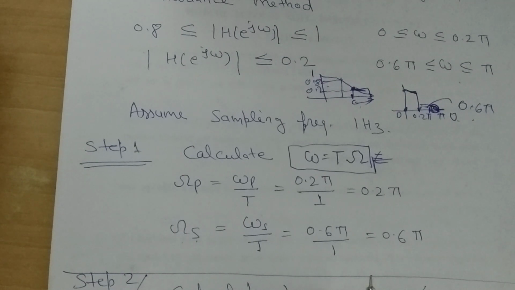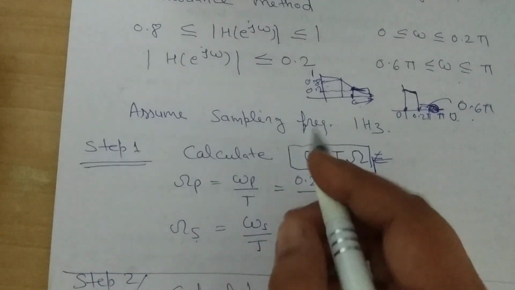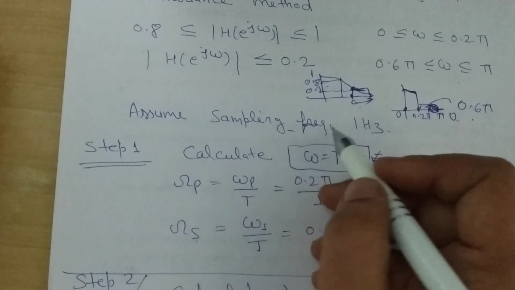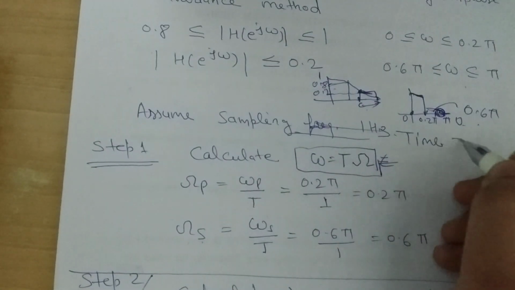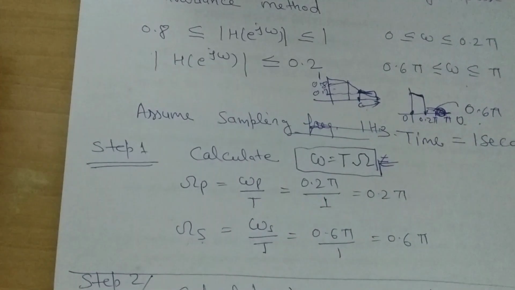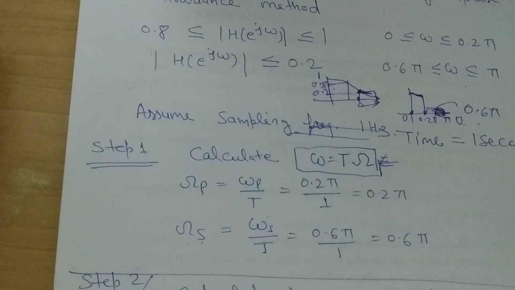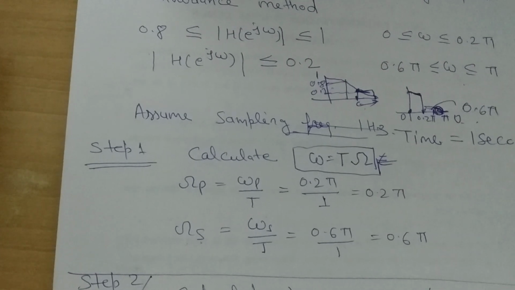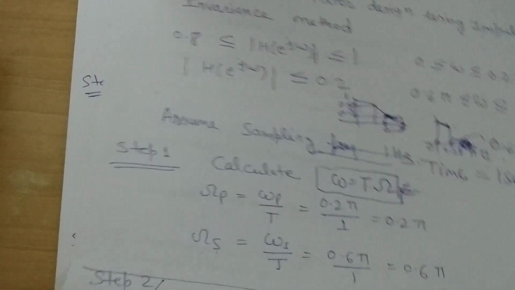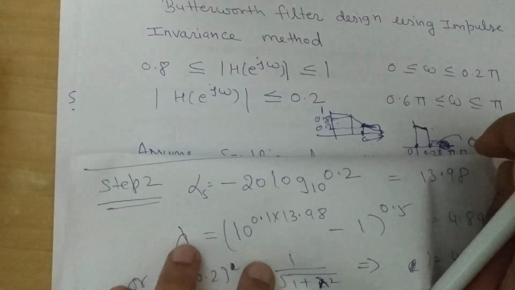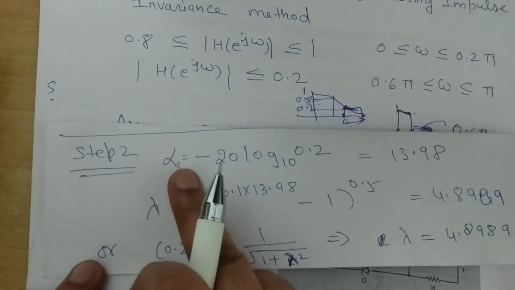So in this case we have assumed the sampling time is equal to 1 second. The same thing we have applied here and found the analog pass band frequency as well as the stop band frequency. This is the first step, and after that you have to find the value of alpha s.